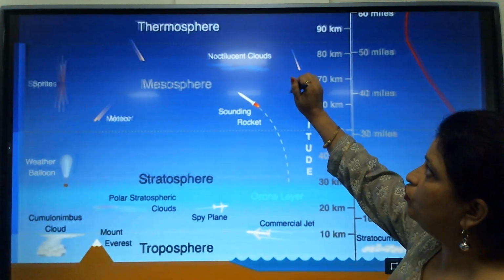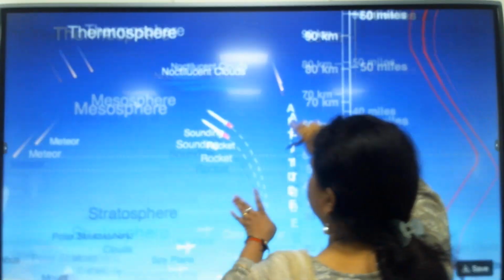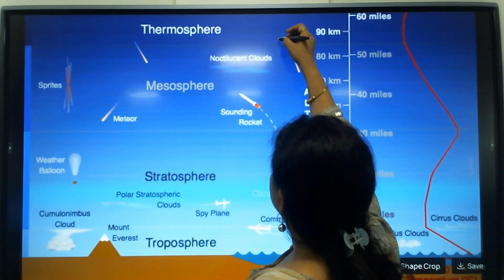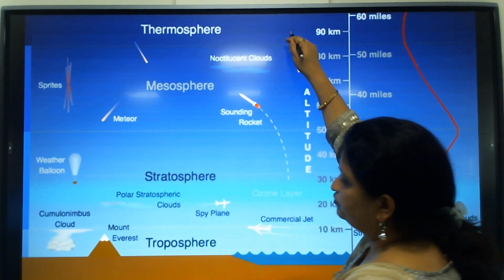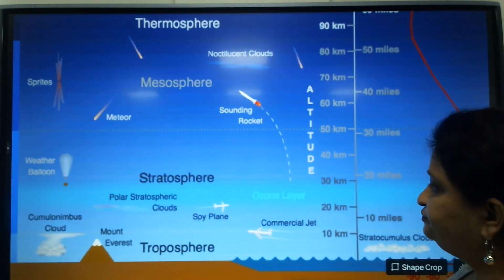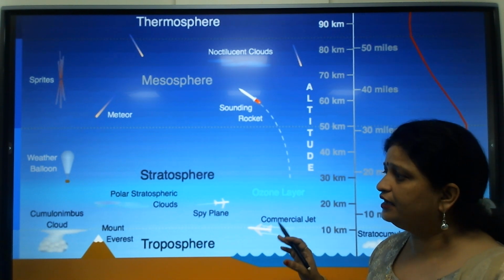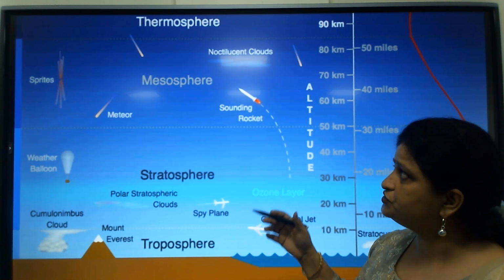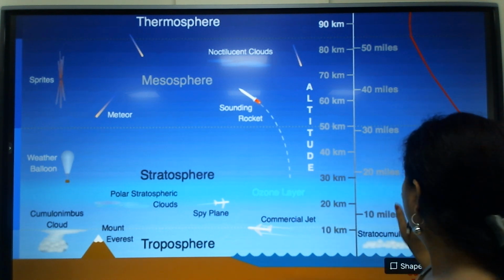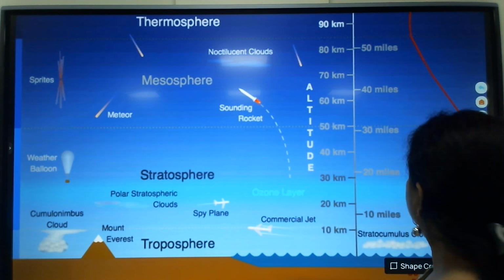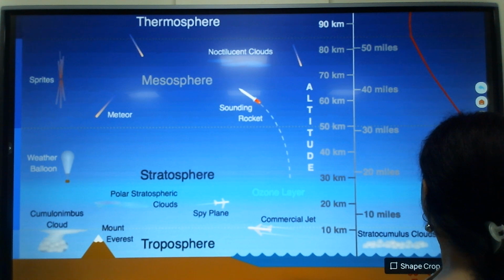So these are all the atmospheric layers, where we describe the different layers: troposphere, stratosphere, mesosphere, and ionosphere.